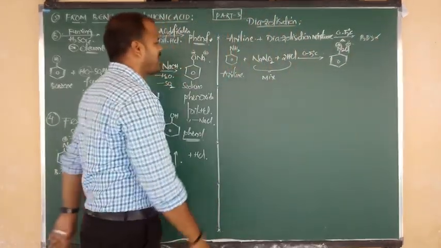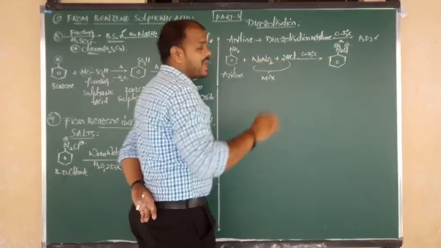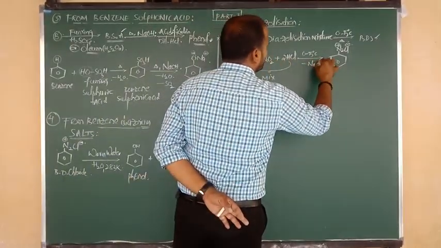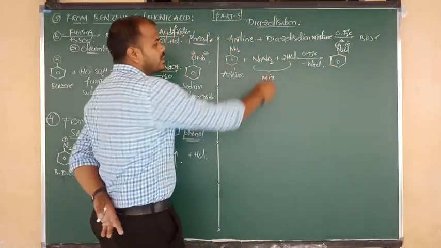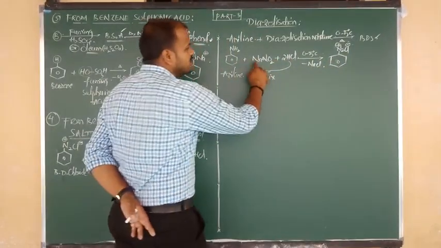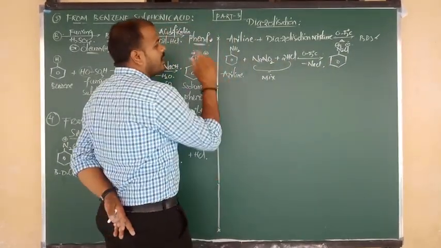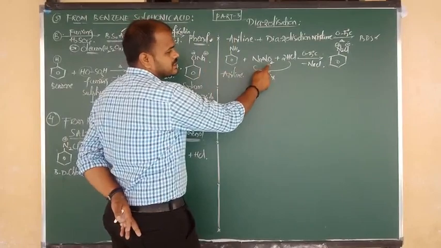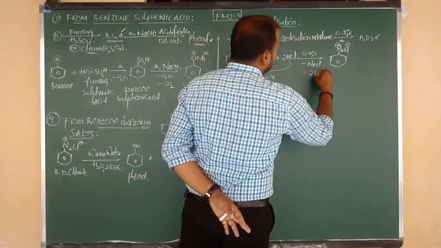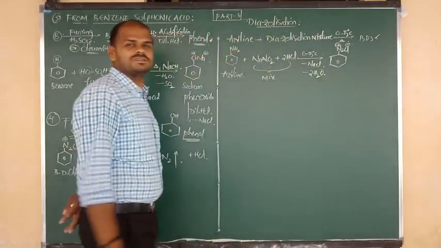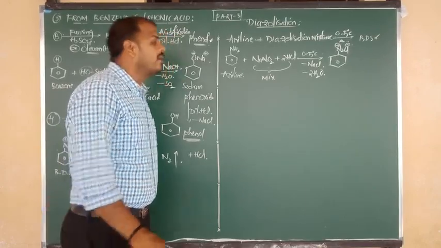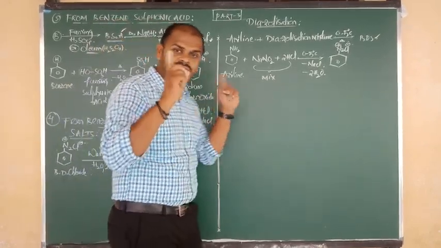Listen carefully, now we are going to do the balancing. One sodium combines with one Cl and is removed in the form of NaCl. Total, 2 Cls are there. Let us go for oxygen. How many oxygens? 2 oxygens. Is there any oxygen elsewhere? No more. So the 2 oxygens are removed in the form of 2 moles of water that evaporate. All is balanced, and if you want, you can check.